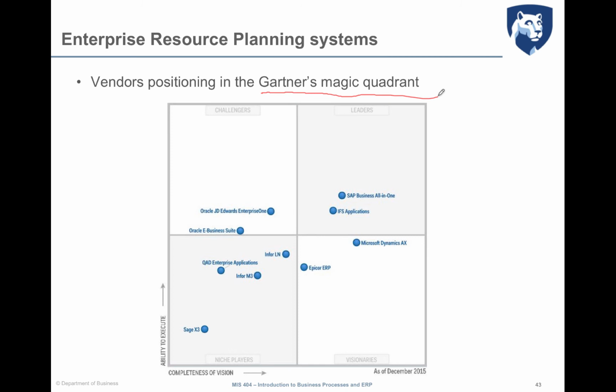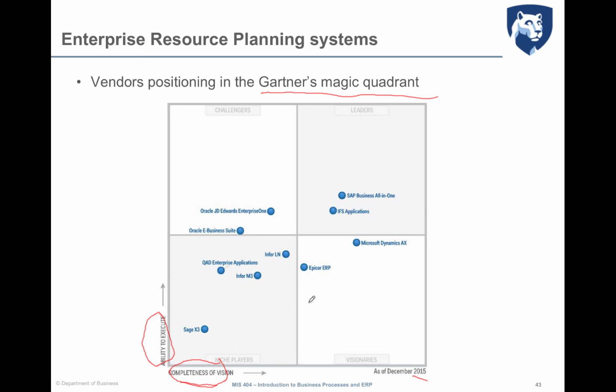In particular, this matrix classifies the solutions offered by vendors in the market according to two dimensions: the effectiveness and ability of execution of the process of the ERP, and the completeness of their vision, meaning how flexible they are in supporting this type of processes. This is the last updated version, of 2015.